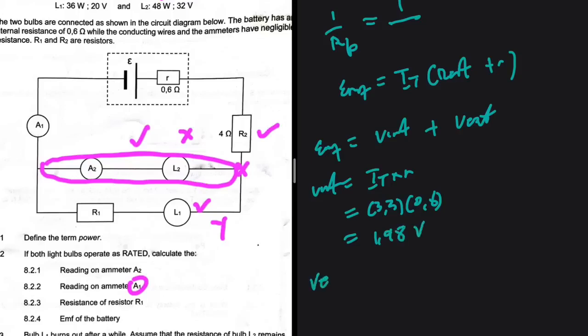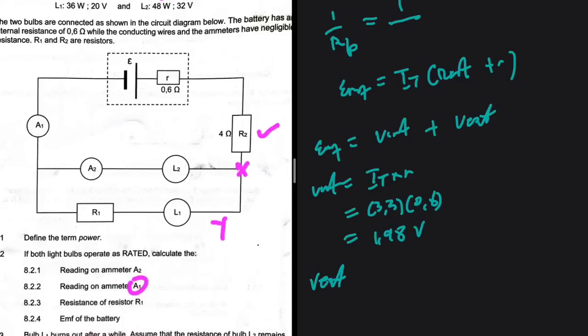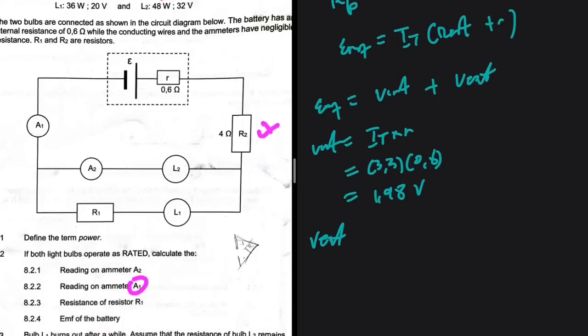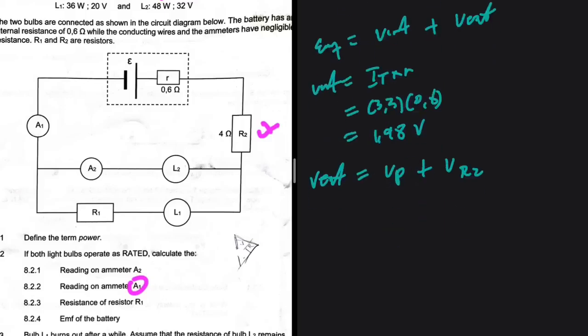Okay, and then V external, there's two places where there's a potential difference, across VP and across R2, right? So V external will be equal to VP plus the voltage that is dissipated by R2. So VP, we already know that it is 32.